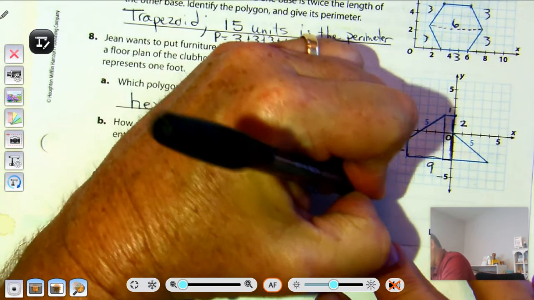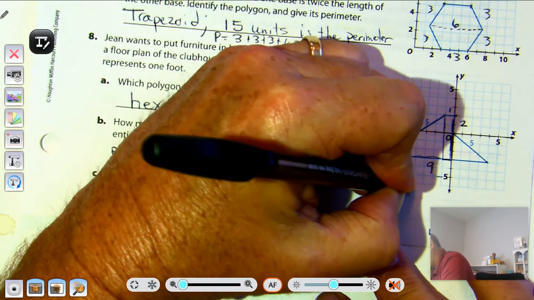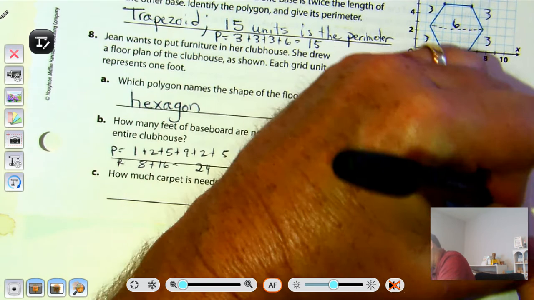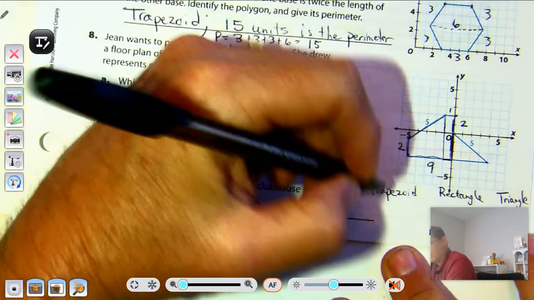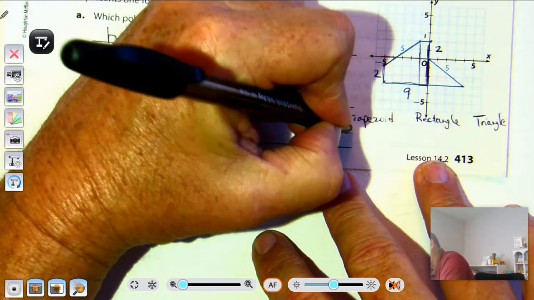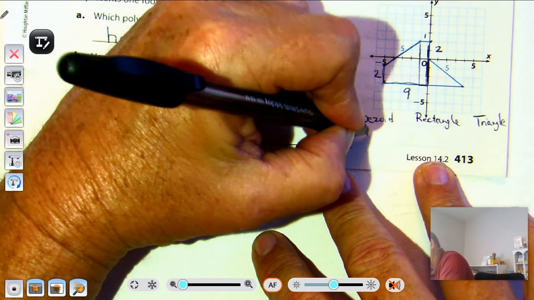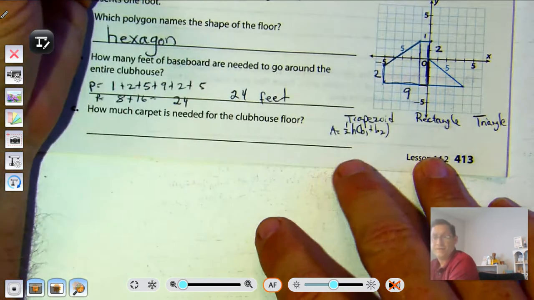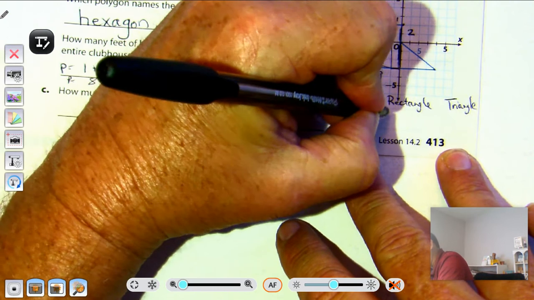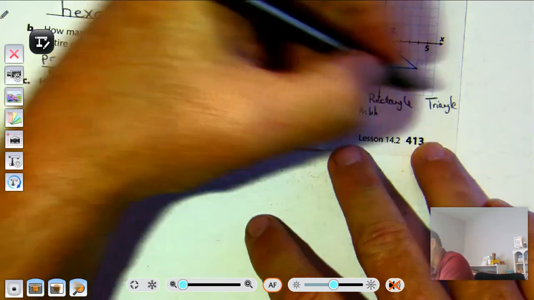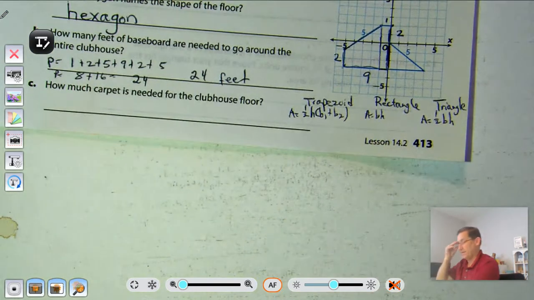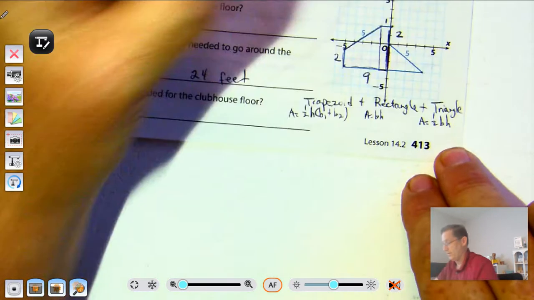So we have a trapezoid, a rectangle, and a triangle. Okay, so what is the area of each one? So the trapezoid is 1/2 the height times the sum of base 1 and base 2. The rectangle would be base times height, and the triangle is 1/2 the base times the height. And we need to add those all together to get the total area.